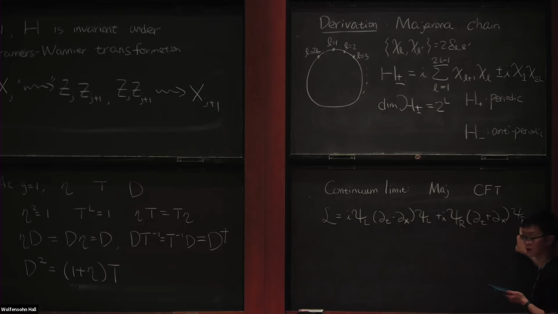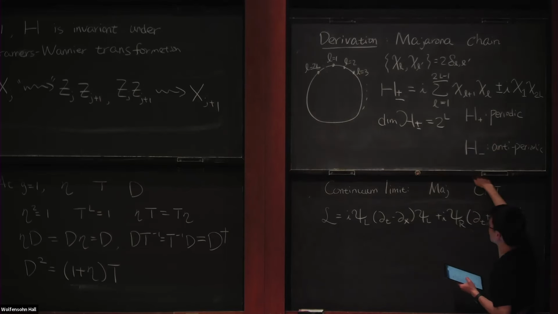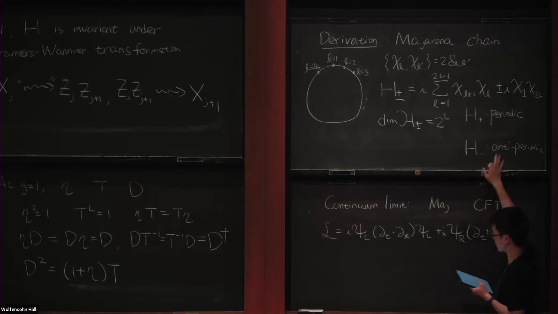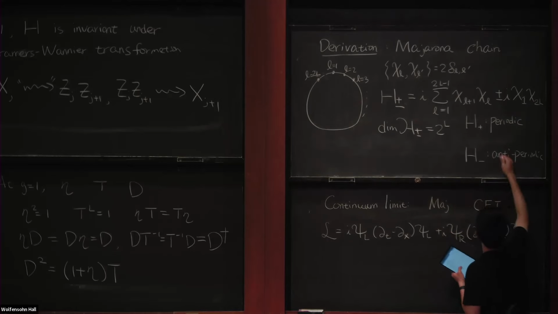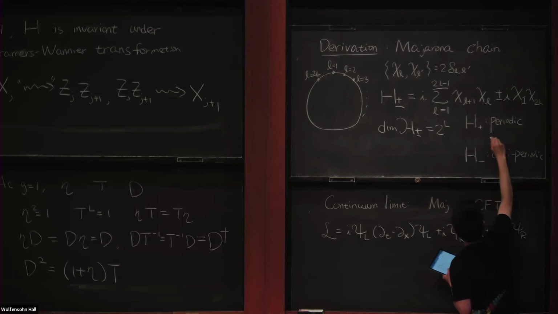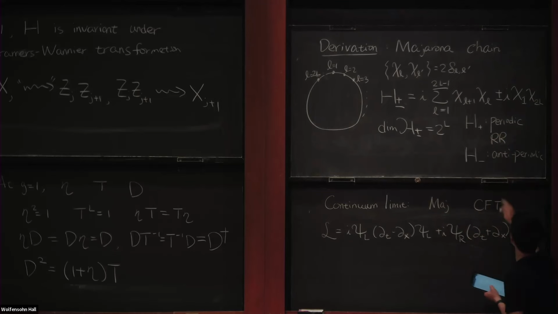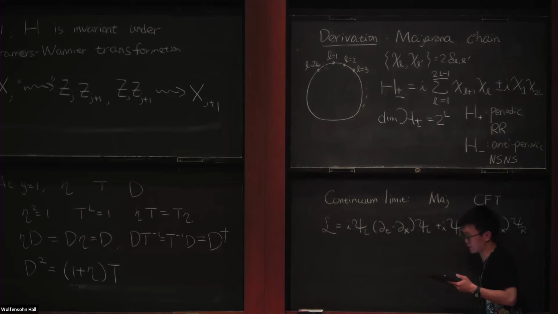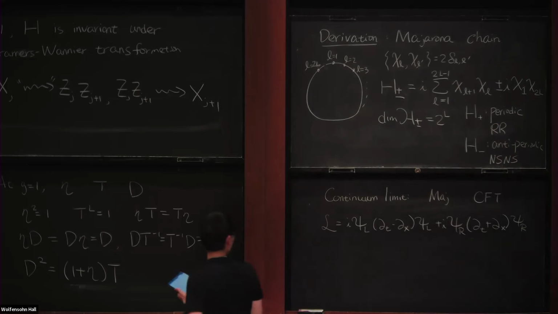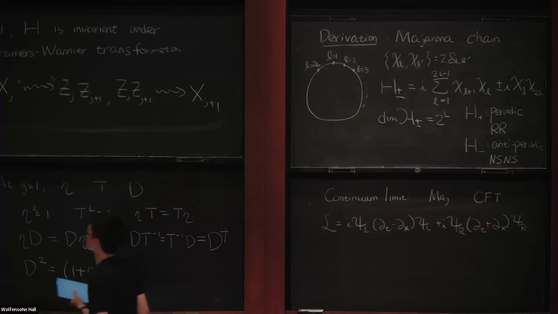You have another Majorana Weyl fermion, which is right moving. And there's no mass. It's just a massless conformal field theory. And you can view the H plus problem as flowing to the continuum CFT with a periodic boundary condition. And for high energy physicists or string theorists, this is usually called the Ramond boundary condition. And for the anti-periodic problem, for string theorists, that's known as the NS boundary condition. And we'll come back to that later.